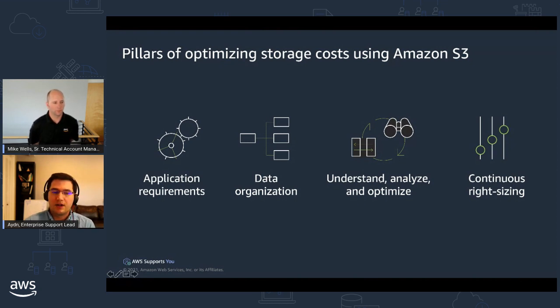Analyzing what the best storage class is is very important to make sure you're in the best storage class for your workload. And we have lots of tools like CloudWatch Metrics, CloudTrail, S3 Storage Lens, which I'm going to be showing a demo of shortly, and S3 storage class analysis, which help you with all of that. Make sure you're on the right track, especially as any new storage classes are released, you take advantage of those immediately. So important takeaways: first, know your application best. Second, it's a continuous process. So let's dive into that.